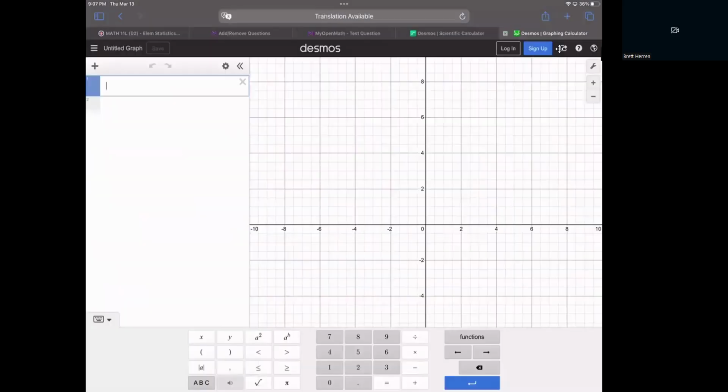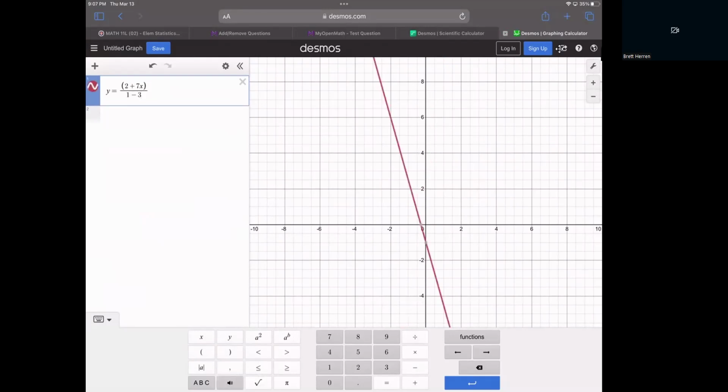A Desmos graph. So I'm going to go y equals, and do that fraction. What was it? 2 plus 7x? Y equals fraction 2 plus 7x divided by 1 minus 3x.